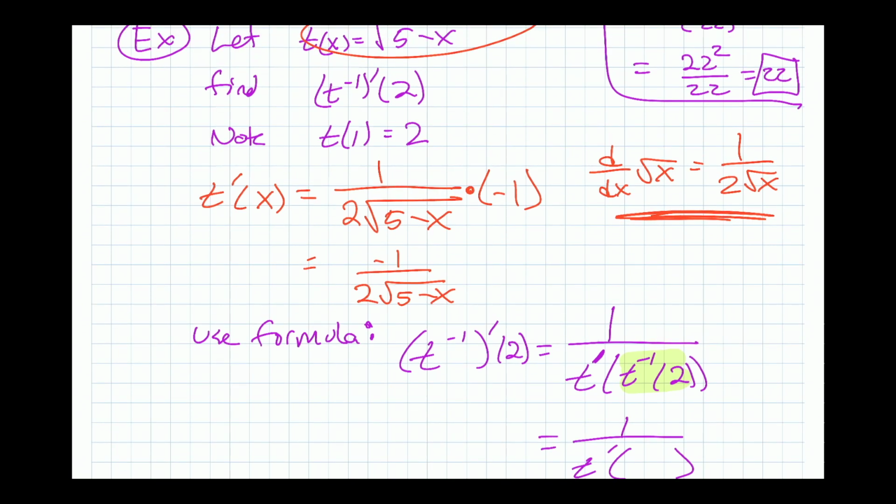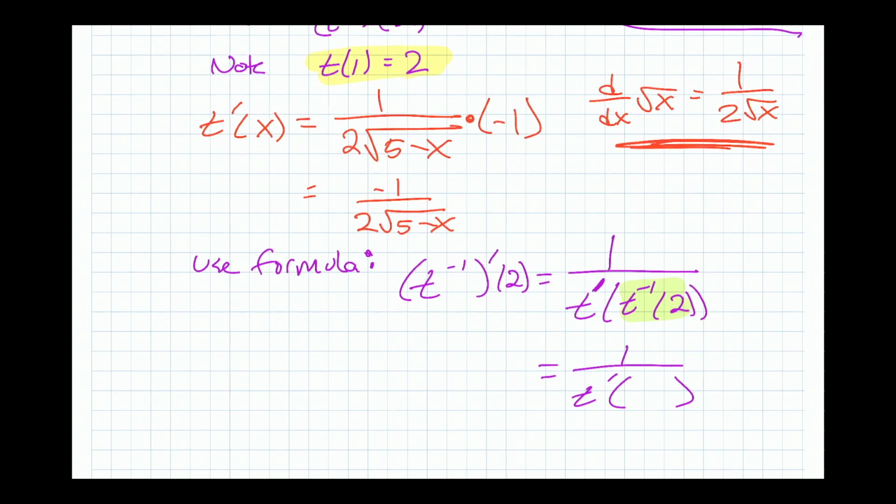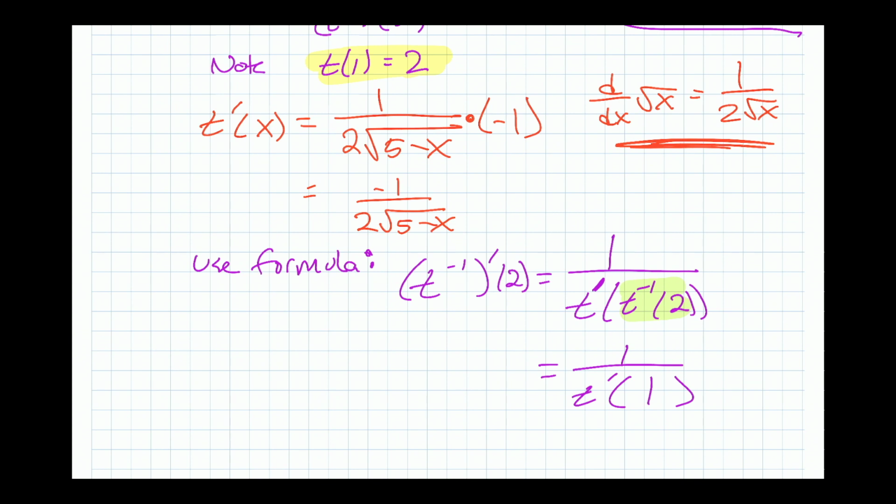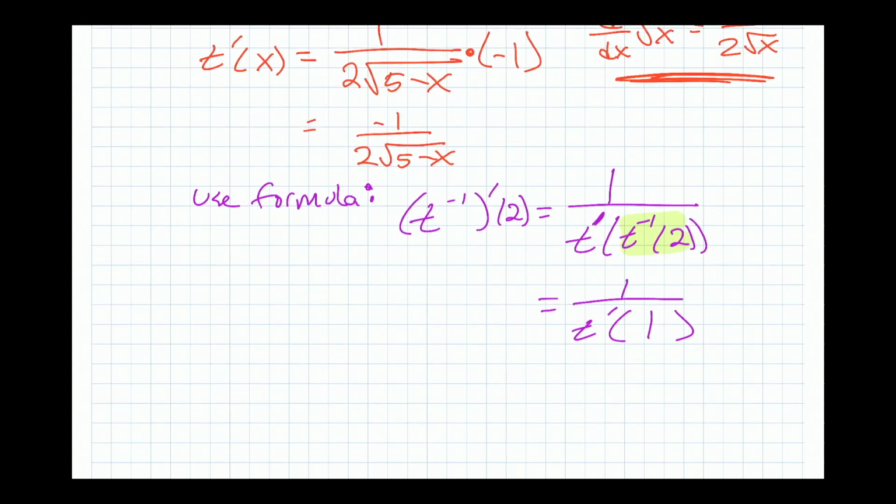I believe it is right here, right? T of 1 is 2. So inverse works backwards. So t inverse of 2 is 1. So now you got to put a 1 into your function there. It's actually easier just to do this kind of off to the side, right? I've got the derivative up here. So what is t prime of 1?